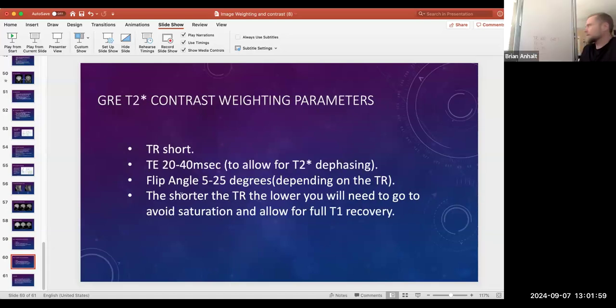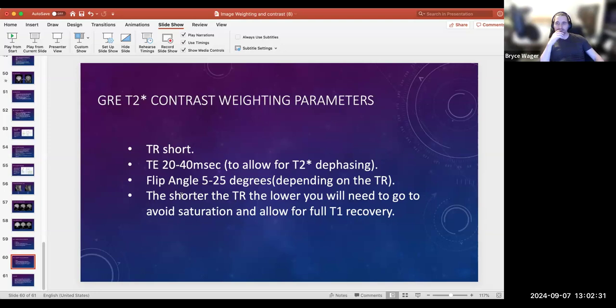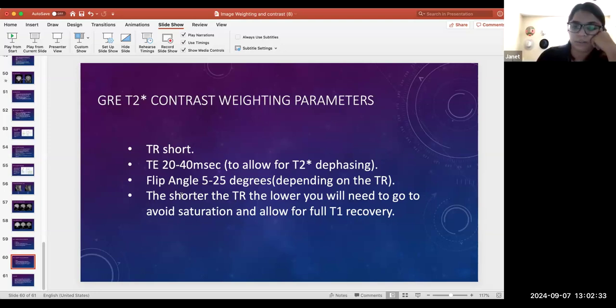T2 star contrast. Short TR again, it doesn't really matter. TE now is going to be between 20 and 40 milliseconds. That's relatively long in the gradient echo world. Flip angle between 5 and 25 degrees. How do I turn this into a T2 star gradient echo sequence? Give me some parameters. Increase your TE and then decrease your flip angle.